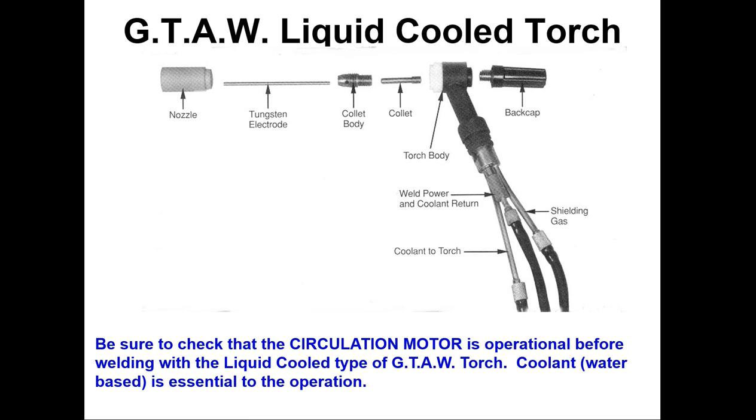Now, they've made that cable nice and small, just so you can handle it better. But this also means you have to have it flowing. That water has to be flowing, or this thing will just burn right up. And of course, we have to get shielding gas to the torch.